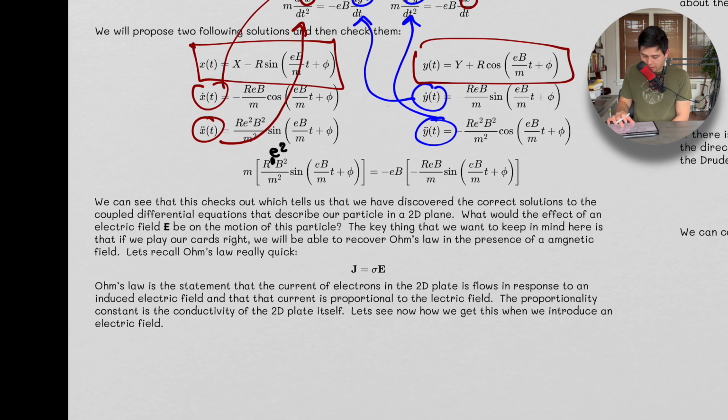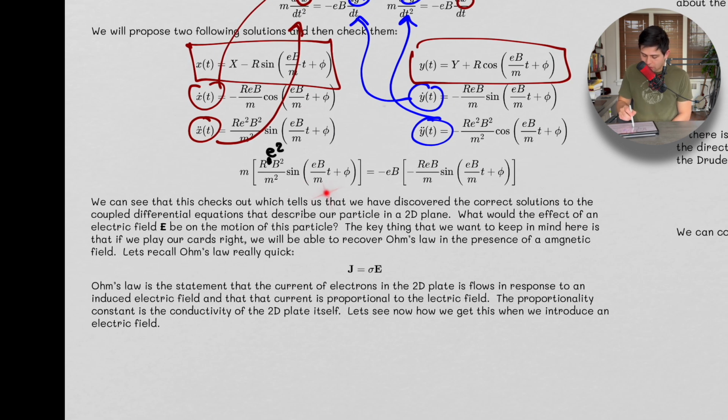So we can see that this all checks out, which tells us that we have discovered the correct solutions to the coupled differential equations. And what would be the effect of an electric field, E, on this motion of the particle? Well, that's the next question we want to ask.